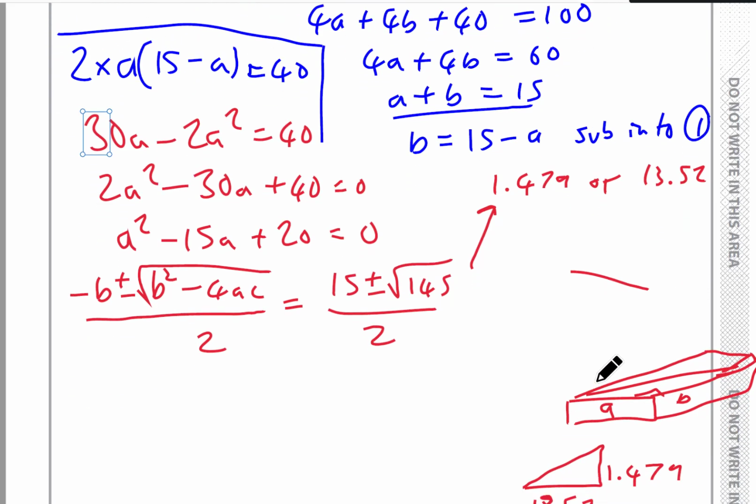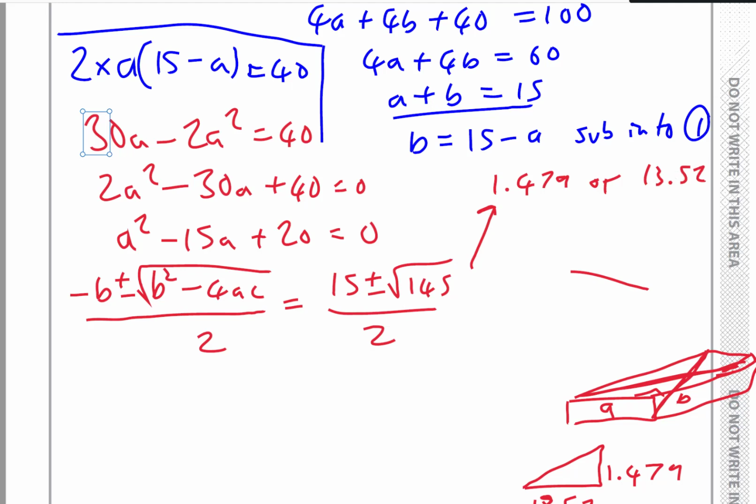Now they're asking for the length of the diagonal, and I don't think they mean this length here. I think they mean the diagonal from corner to corner of the cuboid, because that would make more sense. So that should be 3D Pythagoras.